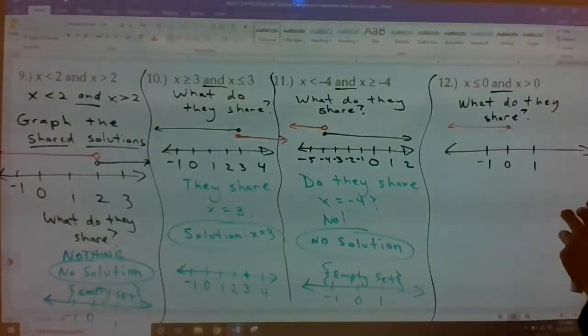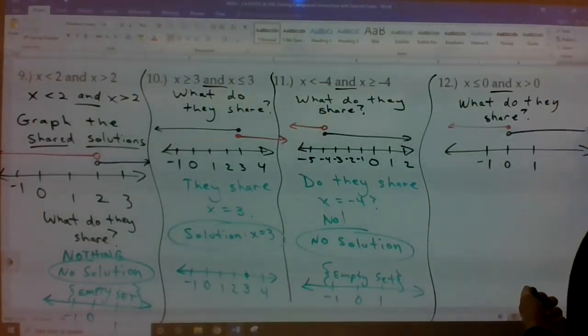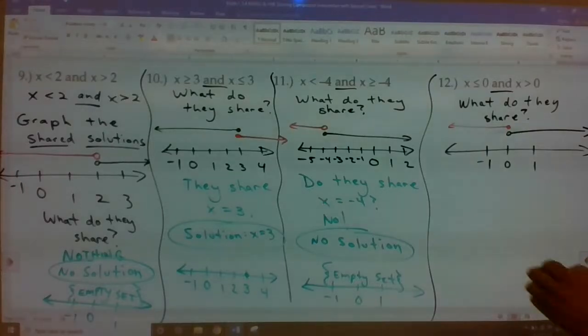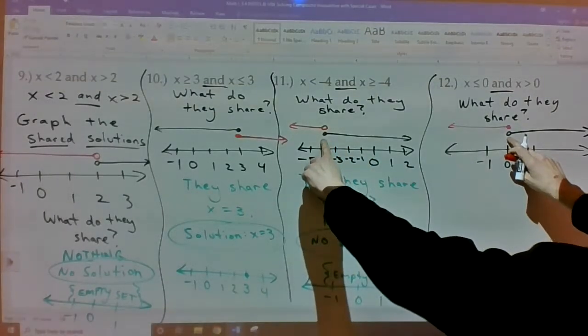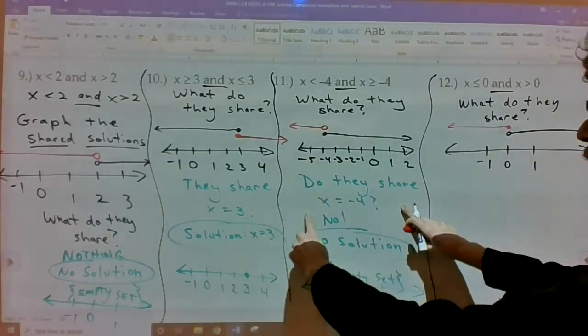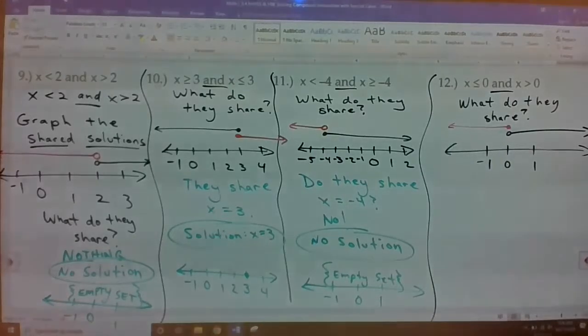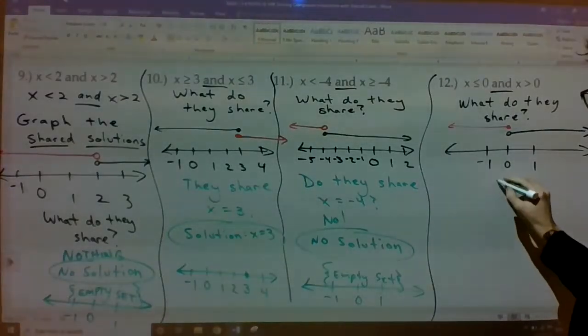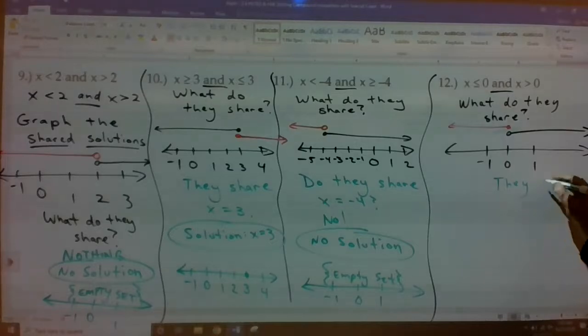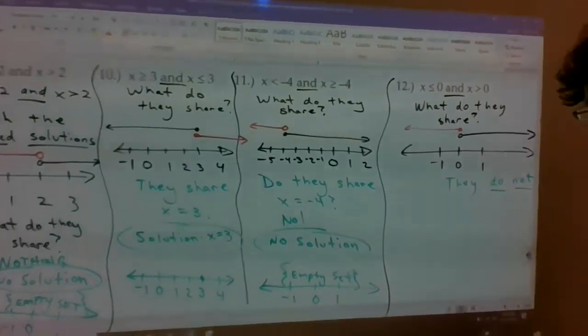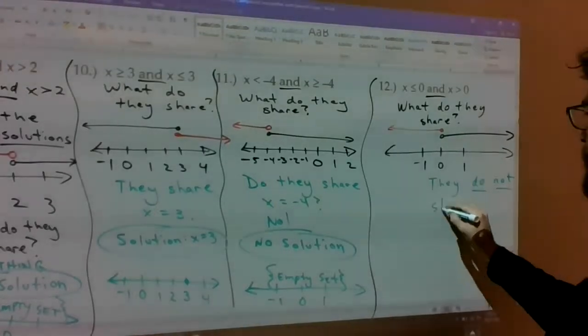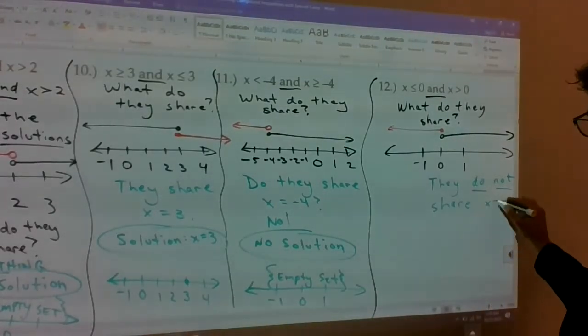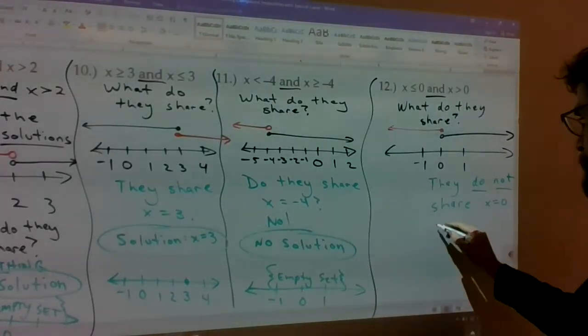In black, I'm going to go x is greater than 0. Hey, look, it's the exact same situation. So that means it's also going to be no solution. They do not share x equals 0. So it's no solution.